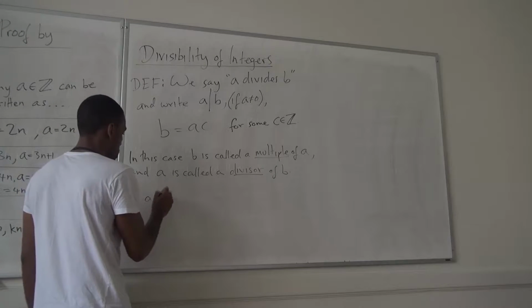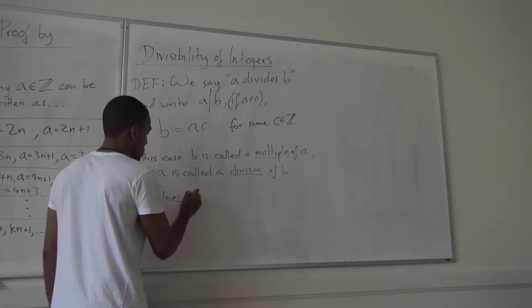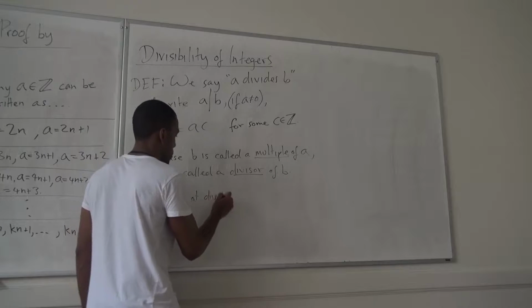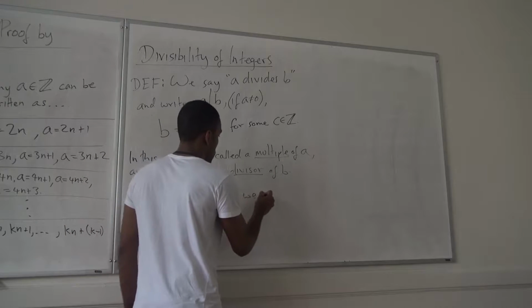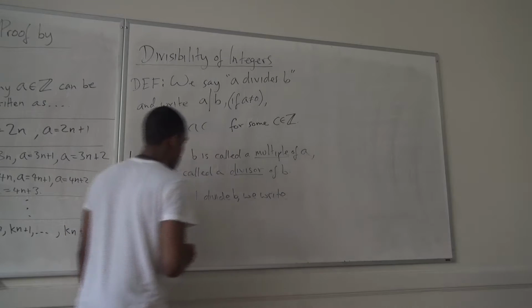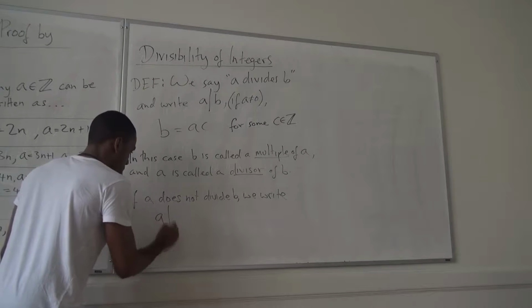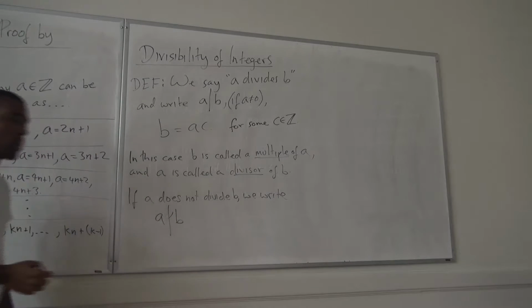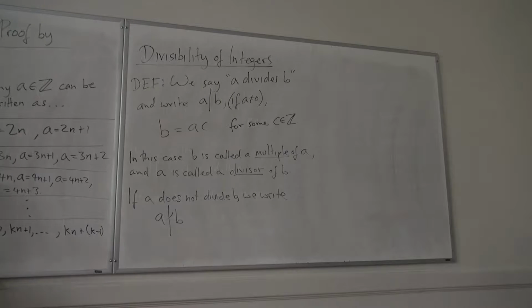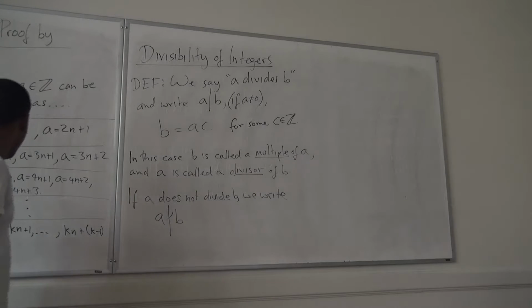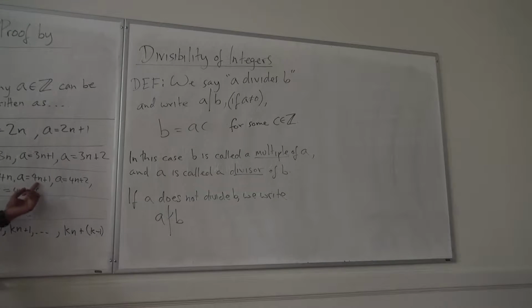If A does not divide B, we write A, that bar, with a strike through it. So basically A does not divide B means that it has the form of a division algorithm, but your R is not 0.